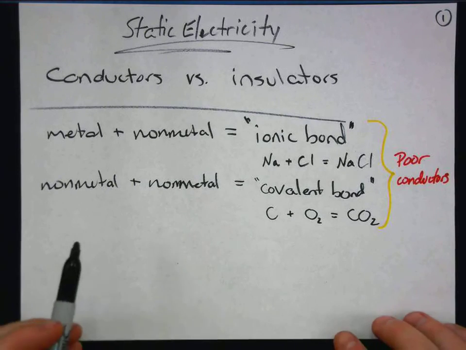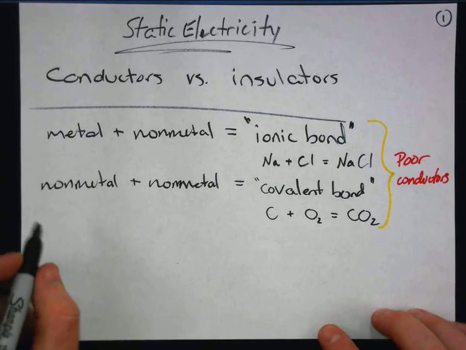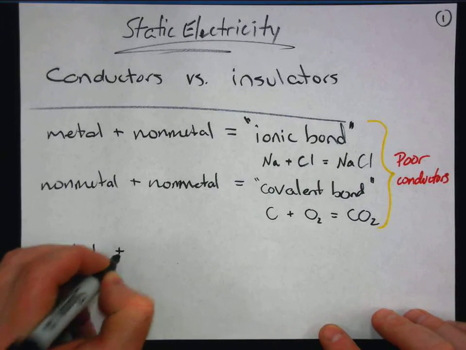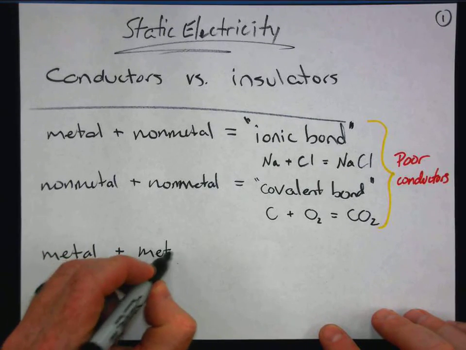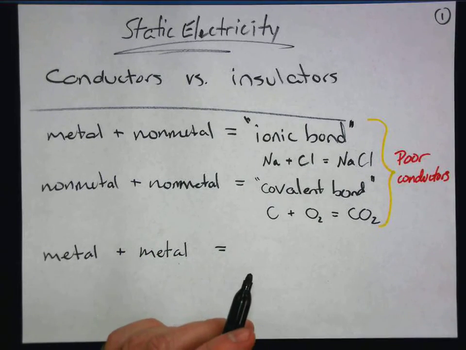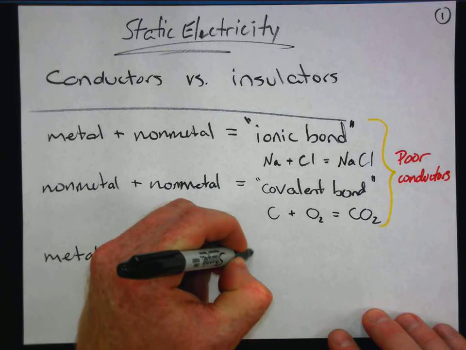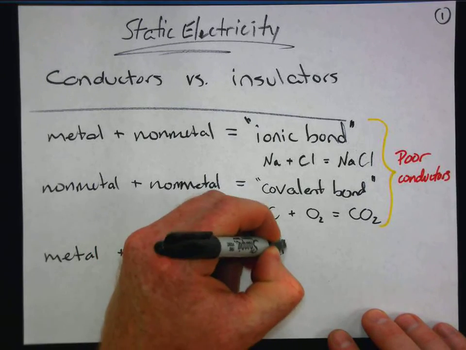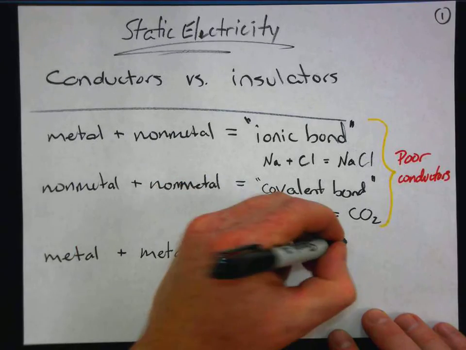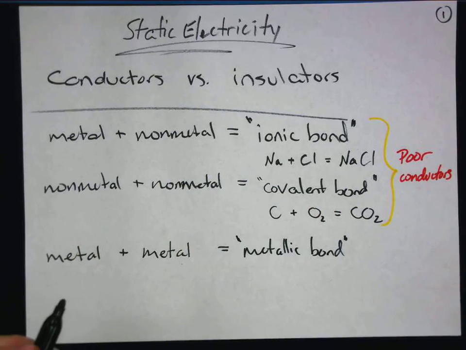Well, then, what the heck, Mr. Woods, is going on? Where do we get our good conductors from? They come from when you combine metals together. Metal plus metal. You get what's referred to as a metallic bond. And with metallic bonds, let's say you're taking iron, right?